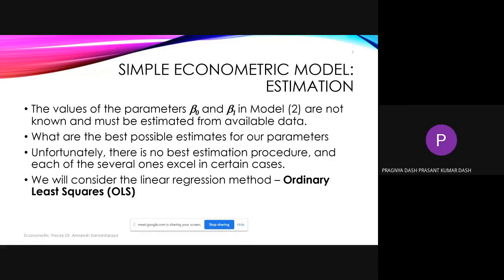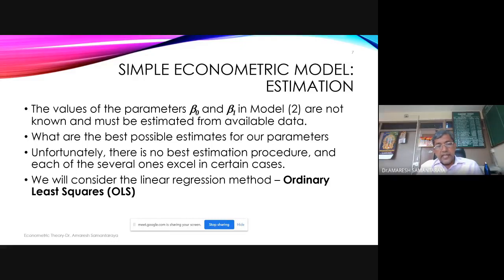Sir, if beta 1 is equal to 0 and C is equal to beta 0, then what will that imply about the model? See, beta 1 can be anything. One thing is your econometric model and the estimates which you are getting for a particular sample.